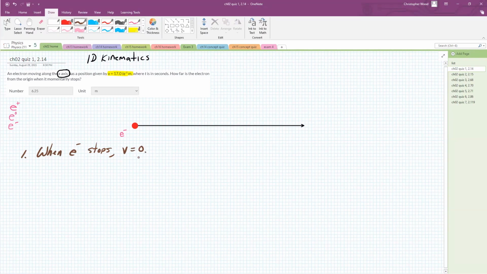A lot of people, physics problems are basically like story problems, like you're used to in math, but they pertain to the physical universe. A lot of times it's just a matter of doing enough of these physics problems to get acclimated or pointing in the right direction as far as describing what's going on. When this electron comes to a stop, its velocity is equal to 0.